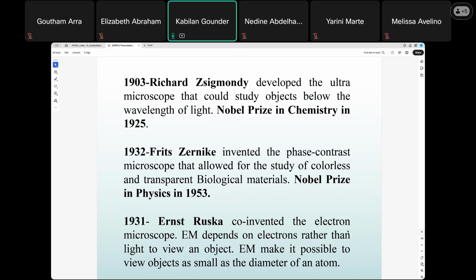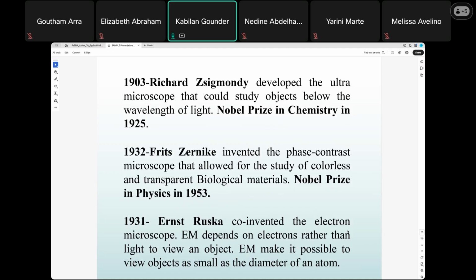In 1931, Ernst Ruska co-invented the electron microscope. The electron microscope depends on electrons rather than light to view an object. That is another important milestone. In the light microscope, we use visible light as the light source, and we have some limitations in the light microscope.